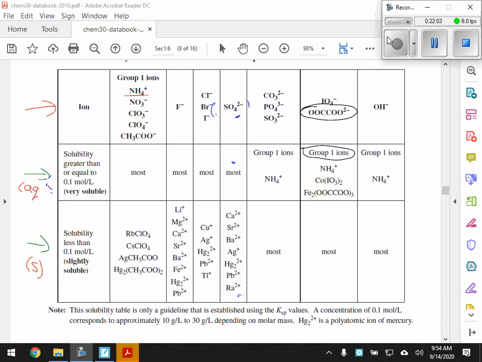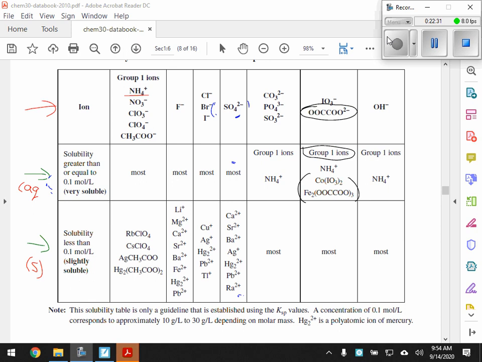This is a very specific one, so they're saying that cobalt 2 iodate is actually soluble. If it was cobalt 2 oxalate, then it would be down here. These are kind of 2 exceptions to the rule, and I'll leave those for now, and we'll talk a little bit more about that tomorrow because we're running out of time today. But for the most part, they fit into these nice categories here.